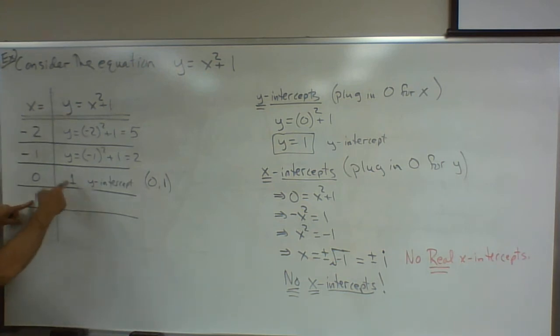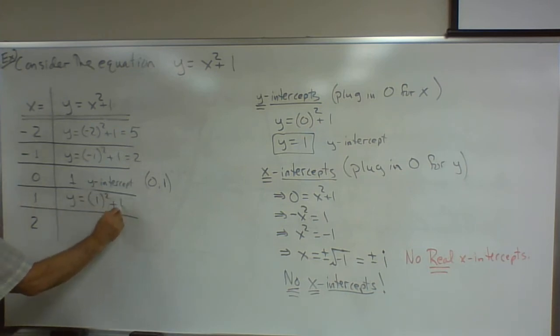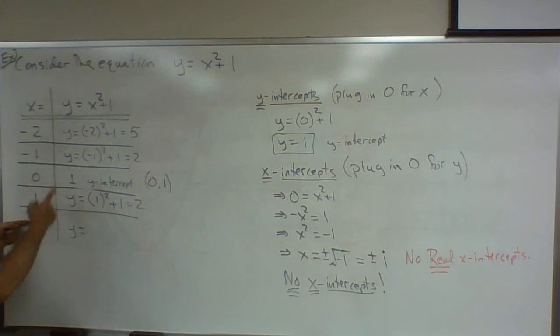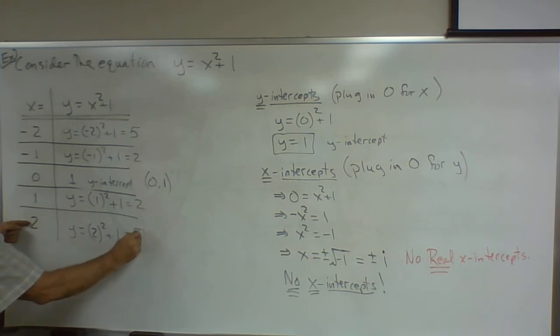We plug in 1 for x. So y equals 1 squared plus 1 is 2. Okay. x equals 2. Plug in 2 for x. y equals 2 squared plus 1, which equals 5.